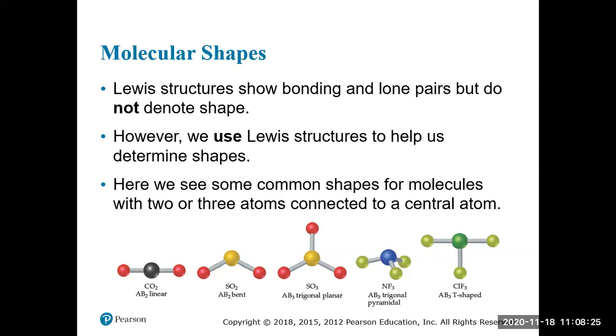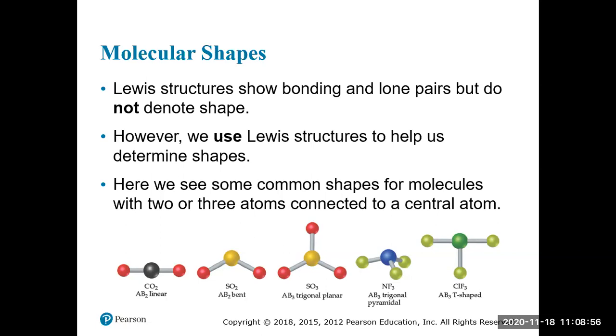Down at the bottom of this slide, we have some shapes that are seen for central atoms that have 2 or 3 other atoms attached. If there are 2 atoms attached, we can have a linear shape or a bent shape. For 3 atoms attached, we can have a trigonal planar, in other words, a flat triangle-looking shape.